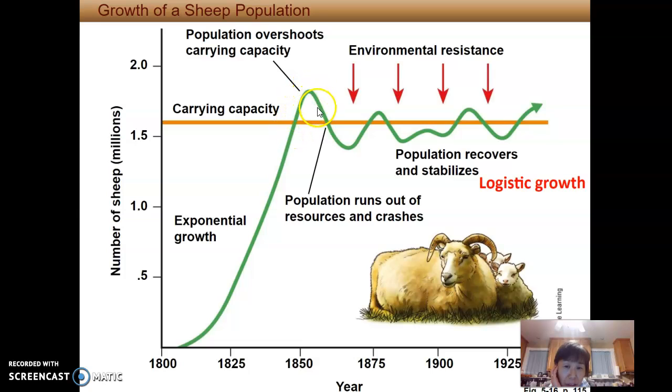So the population crashes. And then gradually they just level between the capacity of their overshoot and then come back. So eventually the population becomes stabilized. Why they become stabilized is because of environmental resistance. One of them is the food supply. Okay. So this part of growing, we call this one logistic growth.